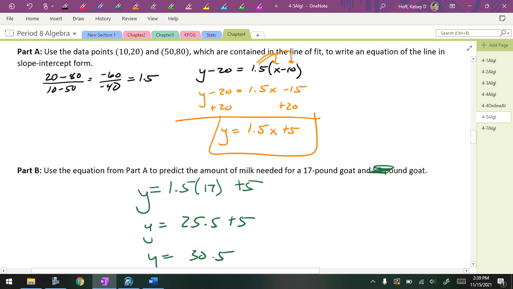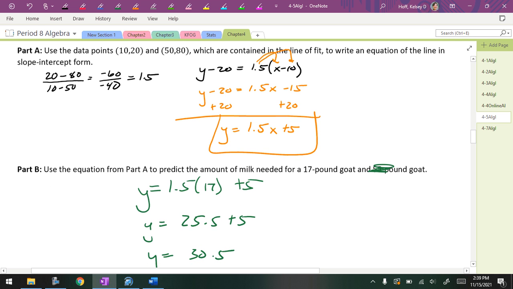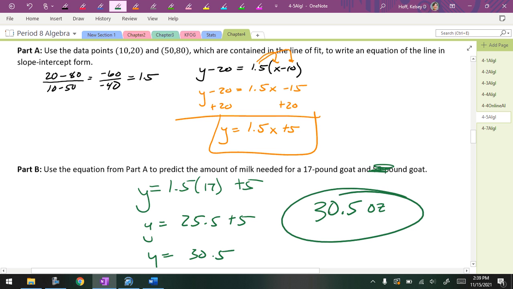How much milk will that goat need? 30.5 ounces. Yes, it does. The baby goat might explode. Oh, it's up here. Ounces. That's a lot of gallons.